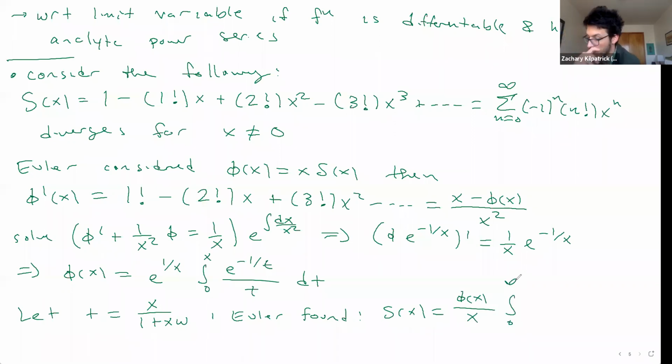If we perform that change of variables now, I get the integral of e to the minus w divided by 1 plus xw, dw.